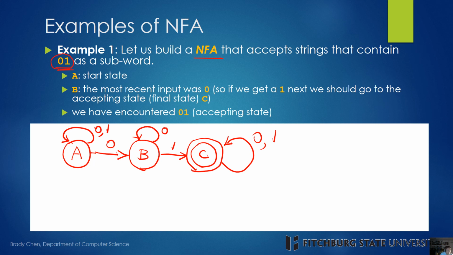If the input is 0 or 1, we stay in C. So that's the non-deterministic finite automaton.